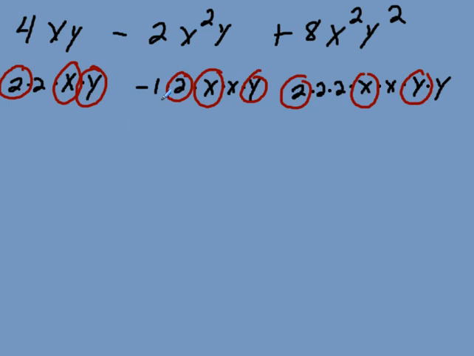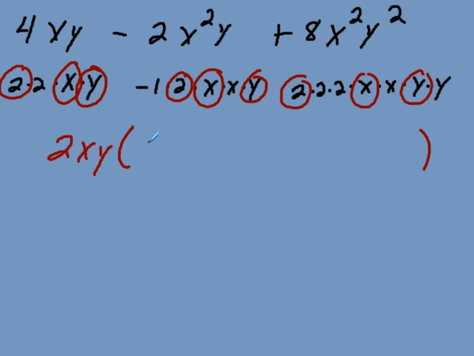So now let's write what is common. Every one of them has a 2x and y. So we say 2xy, and then what goes in parentheses? We're going to put three terms, and what those three terms will be is what's left over of each of these.